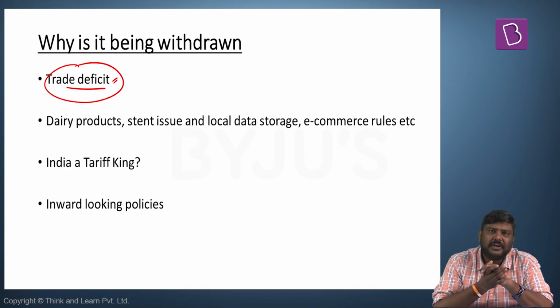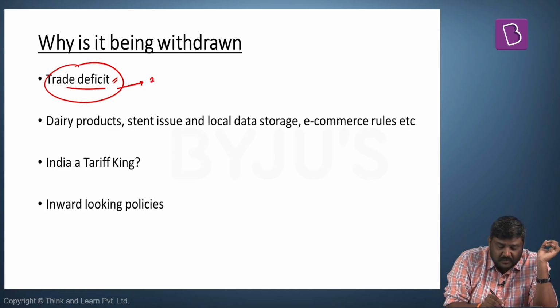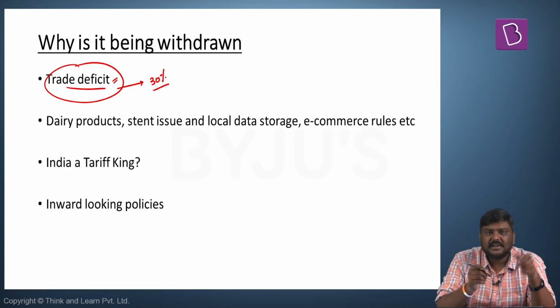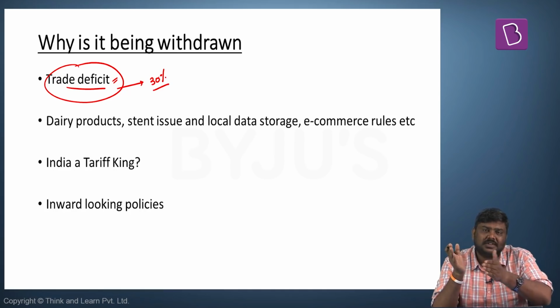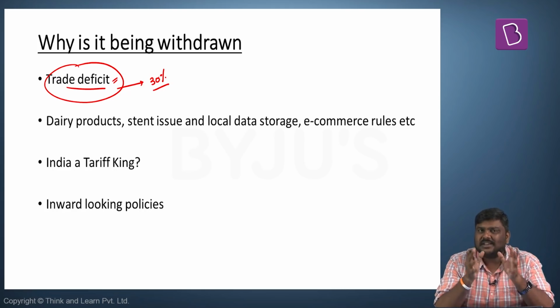And as per the government of India, exports from USA have increased by more than 30% in the last fiscal itself. And this is the second consecutive year where the exports from USA to India have increased. So yes, there is a trade deficit, but the government of India has stated that it was negotiating and has already taken certain measures to bridge this trade deficit.